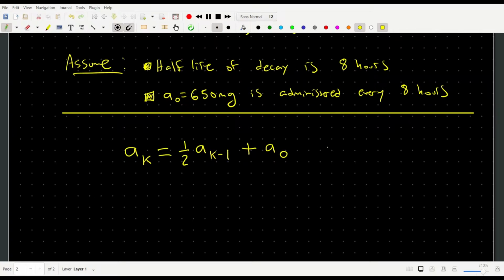And this is for k equals 1, 2, and however many dosages that we're going to do.